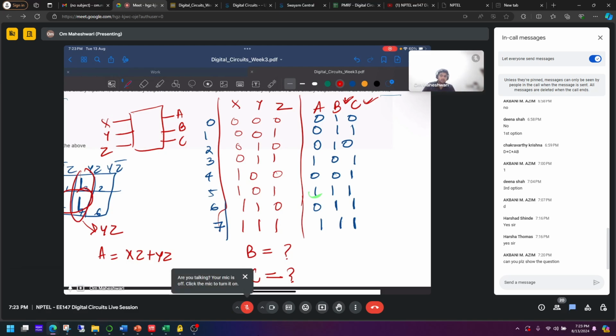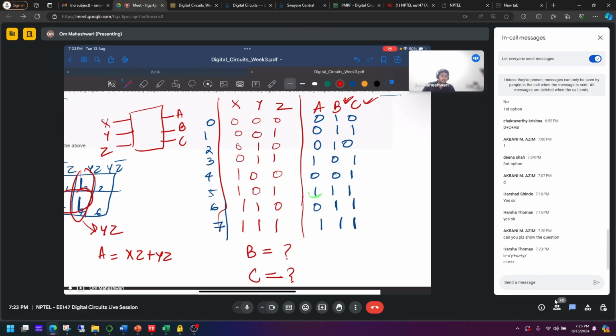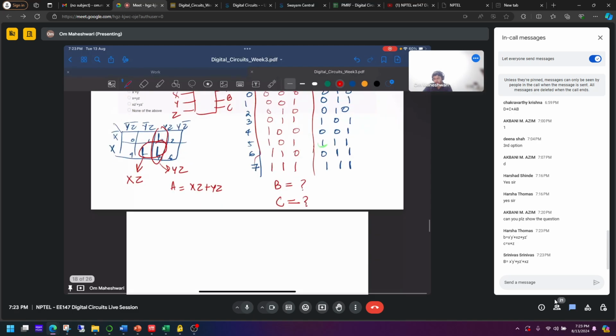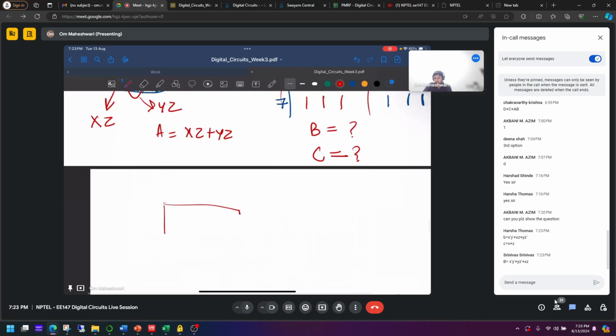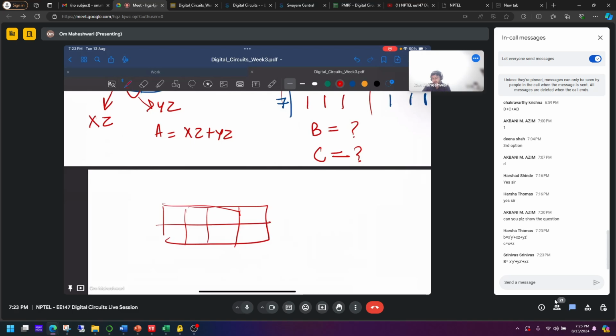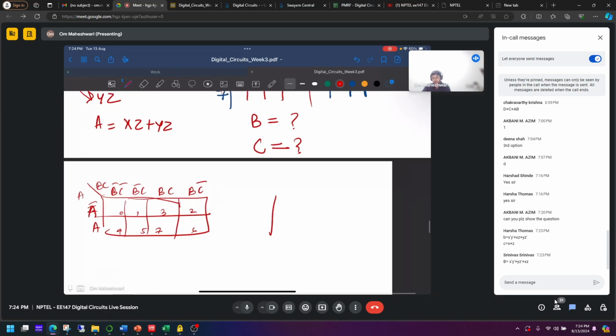Anyone got the answer for B? What is B? Okay. So let us verify this. I'll make the K-map again. I will make it for C also. I should have written X5.